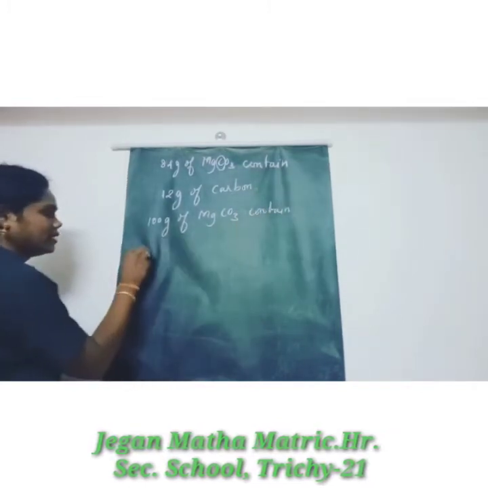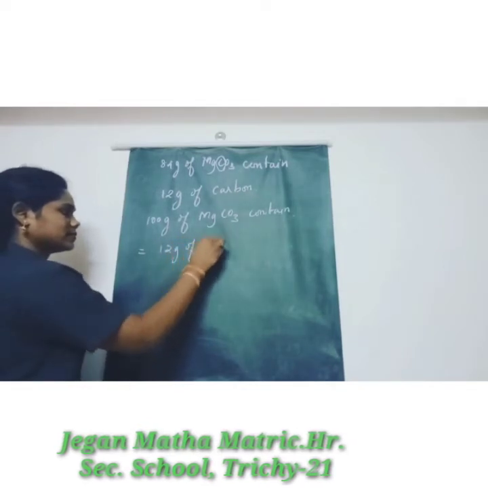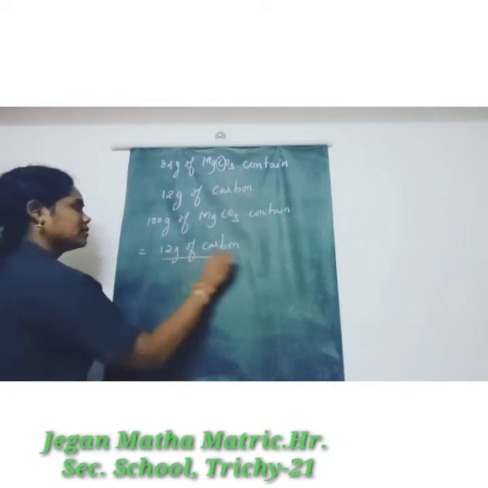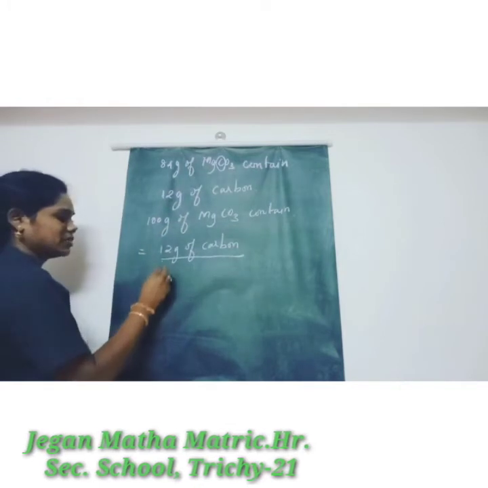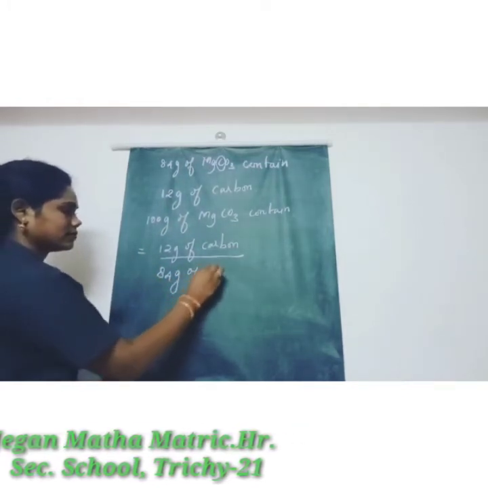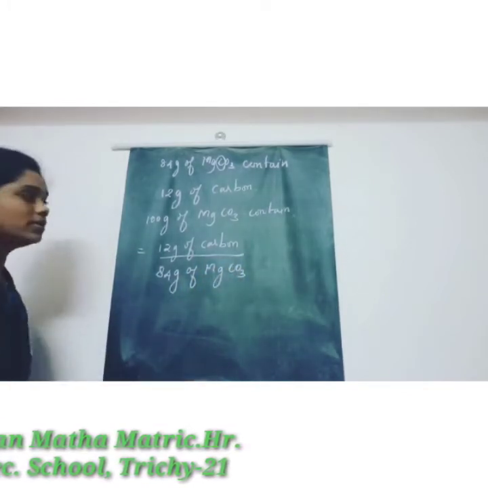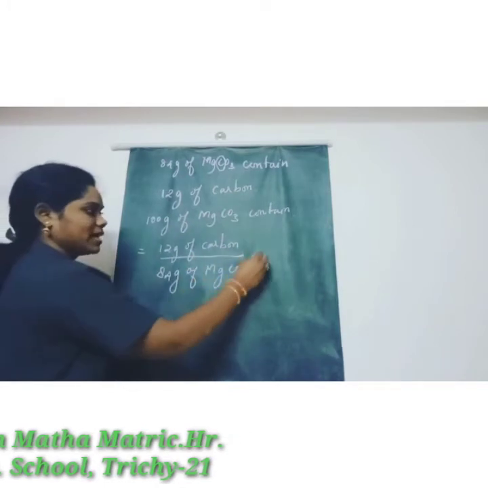First we write 12 gram of carbon present in 84 gram of magnesium carbonate, converted into 100 gram of magnesium carbonate.